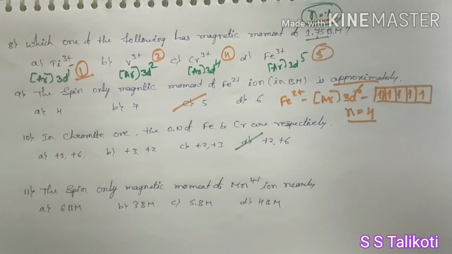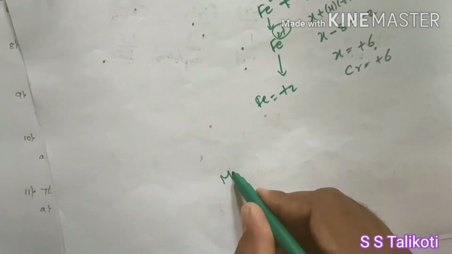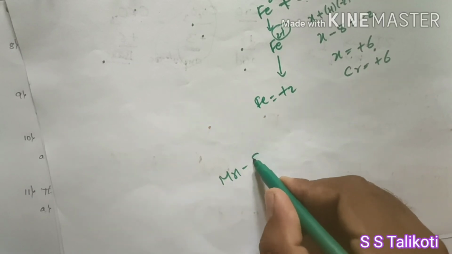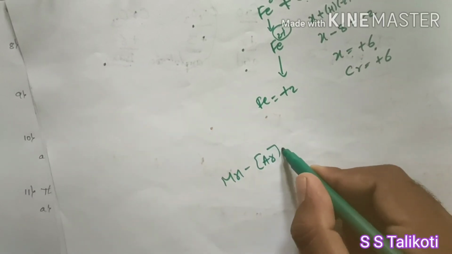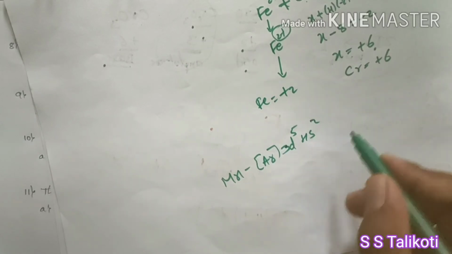In examinations also the mind sometimes fluctuates like this. Okay, the spin only magnetic moment for Mn4+ ion is nearly? Mn4+ they are asking. First, for Mn the electron configuration is argon 3d5 4s2.